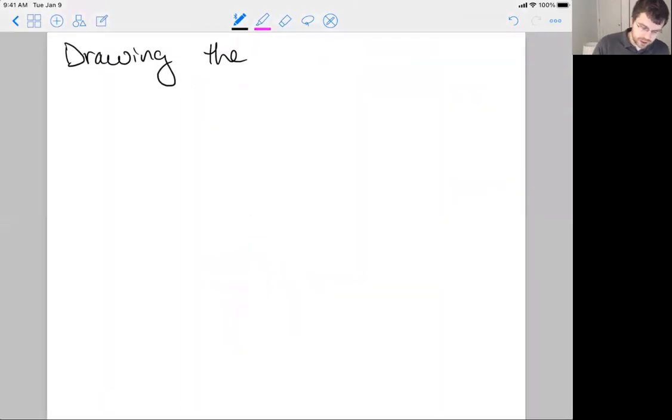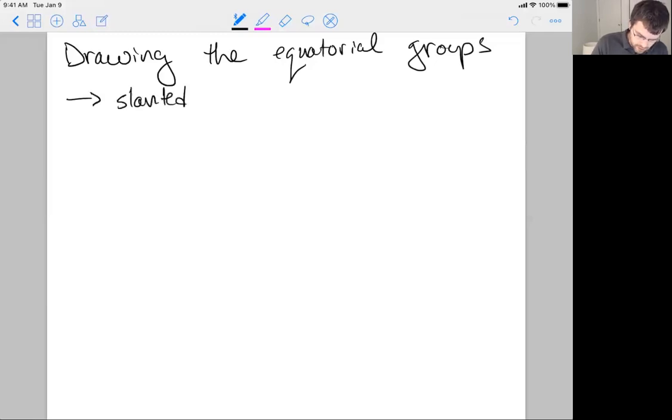Okay, so drawing the equatorial positions now, or I should say the equatorial groups attached to each position. The thing we have to recognize is they're slanted horizontally.